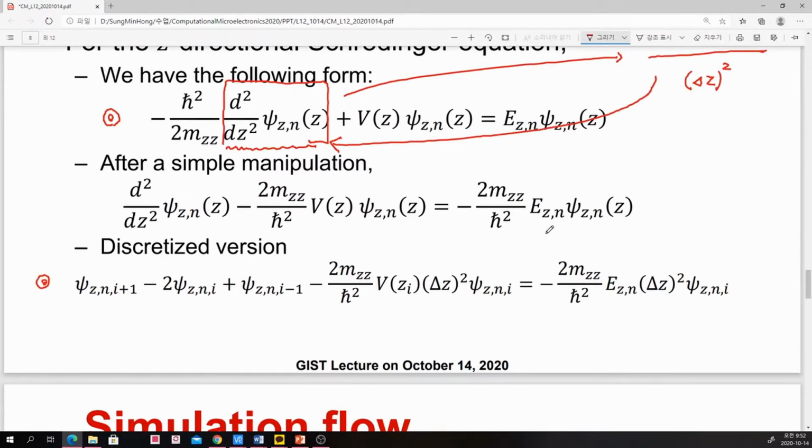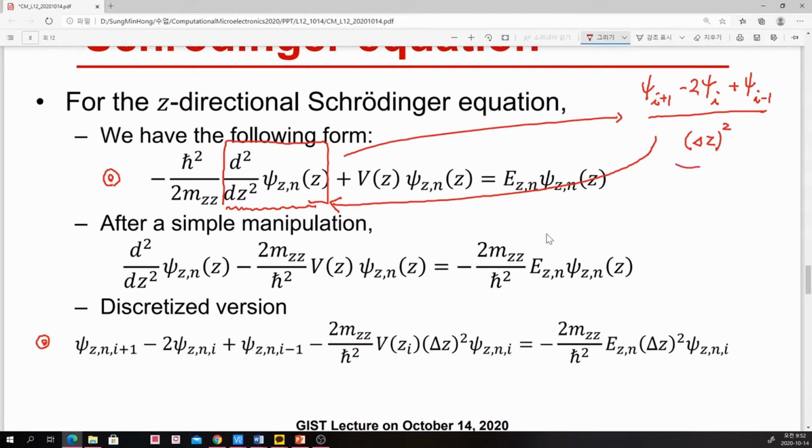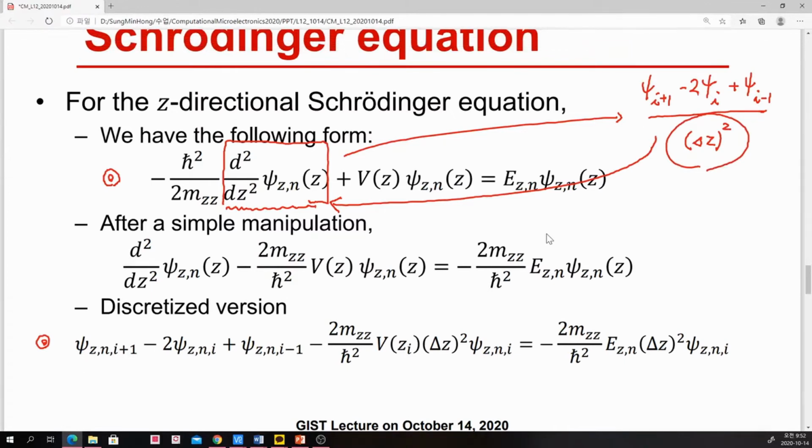Of course, here we have the square of delta z, but that is multiplied to the left hand side and right hand side.